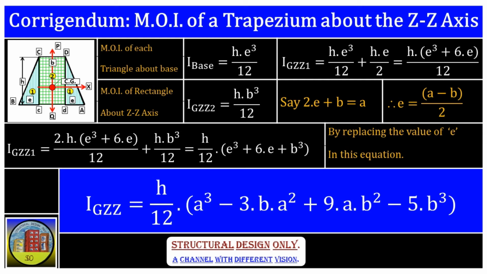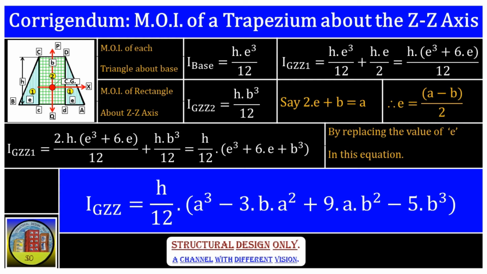IGZZ equals 2 into IGZZ1 plus IGZZ2, therefore IGZZ equals 1/12 of h into e cube plus 6e plus b cube. Now we know the length of the bottom base of the trapezium equals a, and the top base of the trapezium equals b.